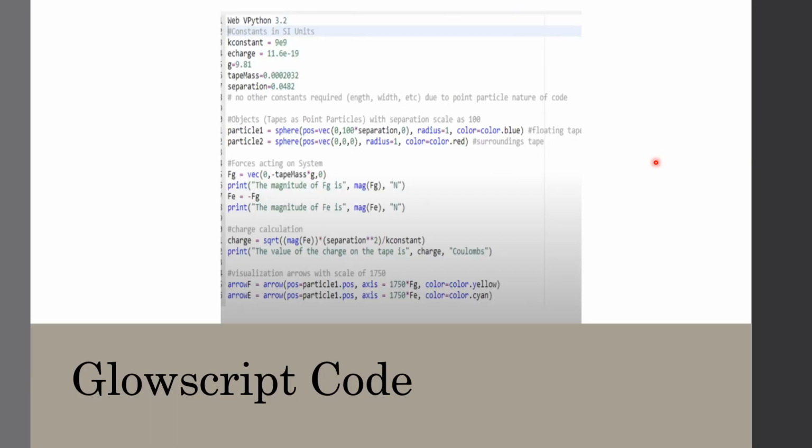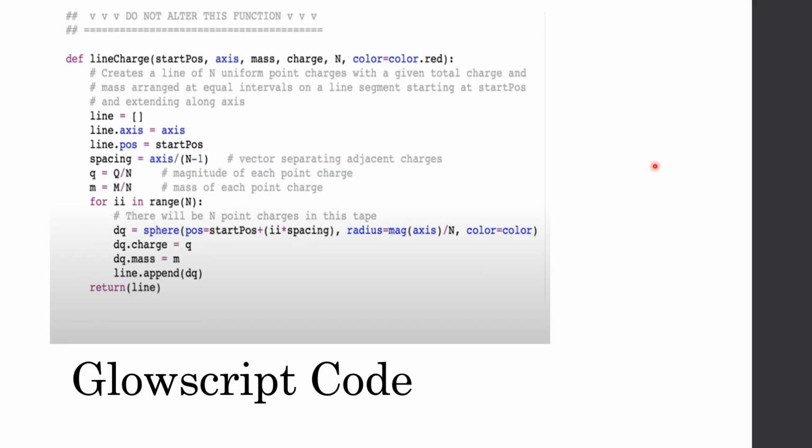As we mentioned before, we're going to be using a model to show what's happening in this experiment. And this model takes into account different constants that are also used for lab 1. And the different forces, force of gravity, electric force, and it has a calculation to calculate the charge. It is important for this part to identify first that we have a nested for loop, which helps us work with the concept of superposition.